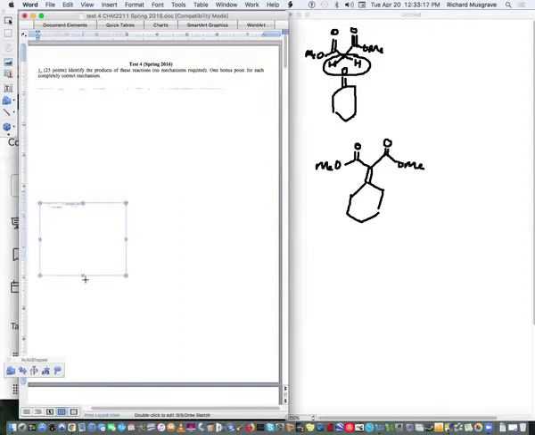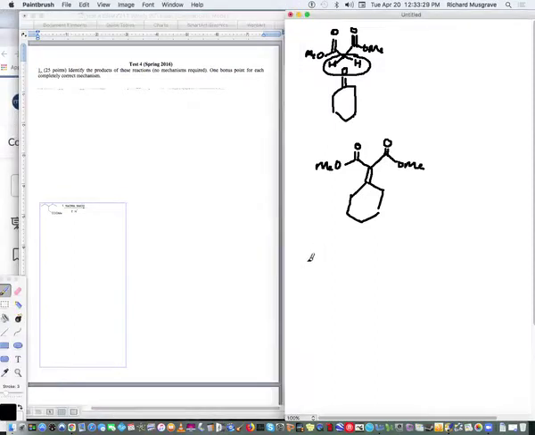Like I said, something's up with my version of Word here, so bear with me a little bit. This one here is a Claisen condensation. Again, I'm not going to do the mechanism for this. If you want to look at the mechanism, you can always look at the key. Now the thing is that even though there's not a 2 out the front here, because it's only one ester and it is a Claisen, you know that it's going to be reacting with itself.